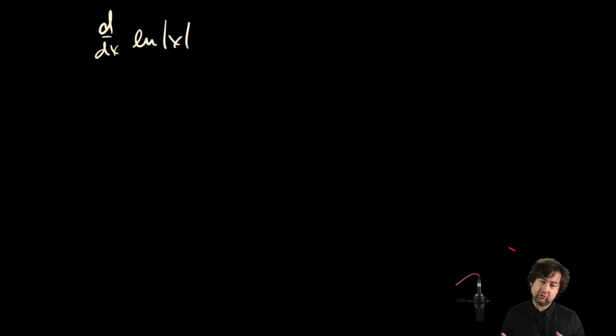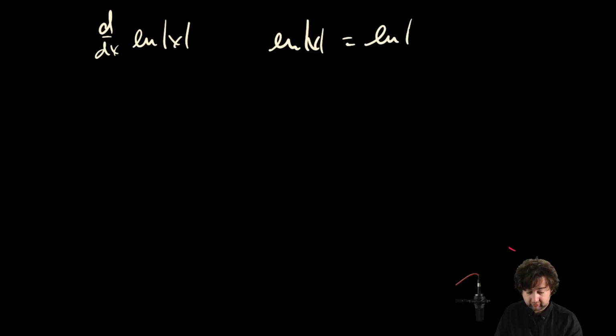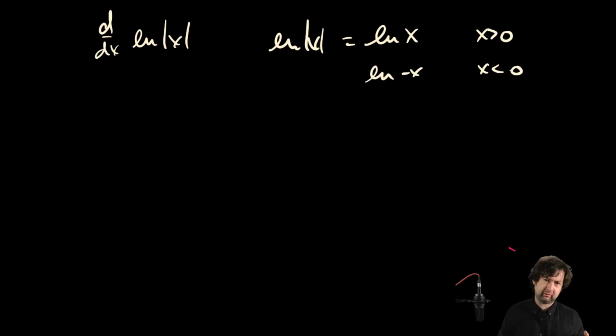The first thing I have to do when I've got absolute values in a problem is to split the problem up into its two branches, because I don't know how to take a derivative of an absolute value. So there's actually two different problems encoded in the same problem here. The natural log of the absolute value of x is equal to the natural log of x when x is positive, and it's equal to the natural log of minus x when x is negative. And of course, it makes no sense when x is equal to 0.